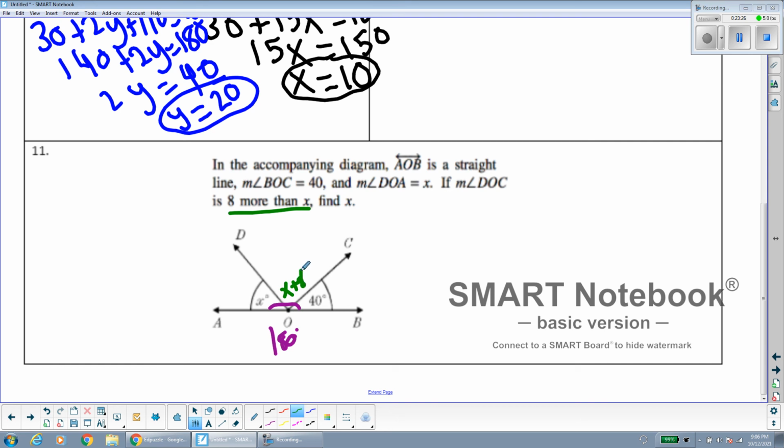So all I'm going to do is set up an equation that says if I take all three of these angles and put them together, I get the entire straight angle. I get 180 degrees. So let me do this on the side. I have X, that's this angle on the left, plus the middle angle, which is X plus 8, plus the angle on the right, which is 40, is equal to 180 degrees.